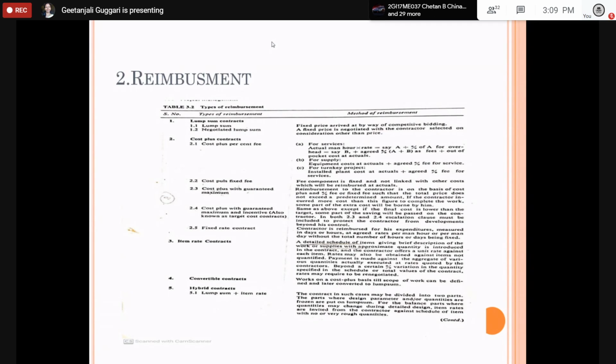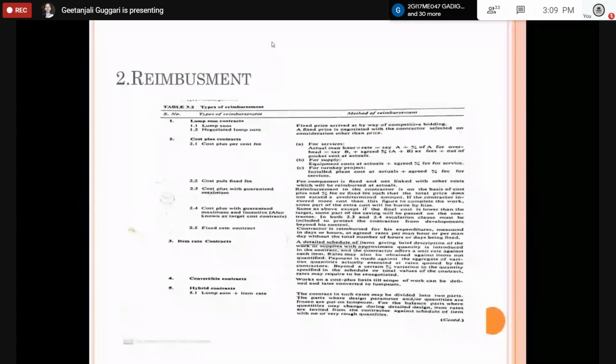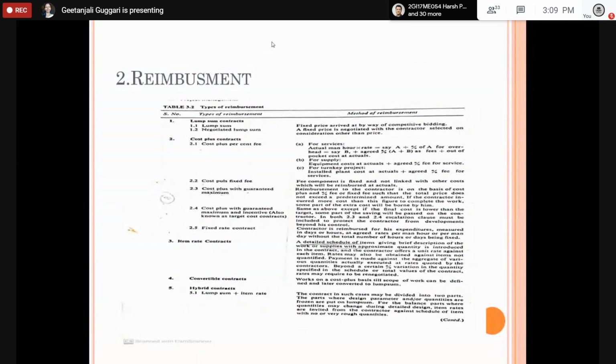Then hybrid contractors will be lump sum contractors plus item rate. Some amount is fixed, a lump sum, this much amount is fixed. If you are supplying 10 machineries, this is the lump sum amount you are going to get, plus the item rate will be different based on what they are supplying, what work they are doing.